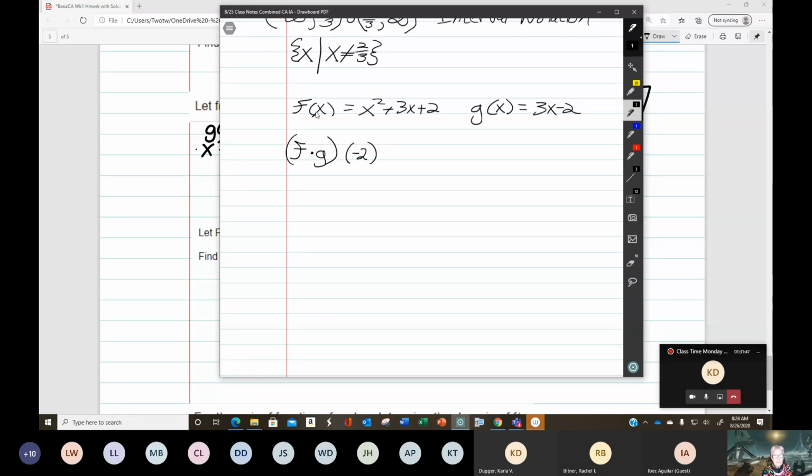The harder way is to go ahead and multiply that times that, and that takes quite a few steps, and then plug a -2 in for all the x's. Or the quicker way is to individually calculate what f of -2 is, and that would be -2 squared plus 3 times -2 plus 2, and then calculate g of -2: 3 times -2 minus 2.